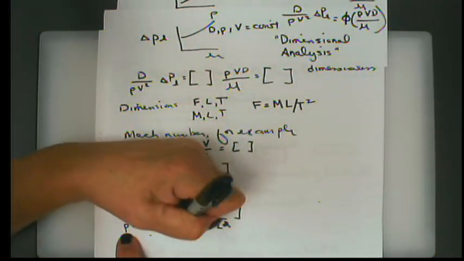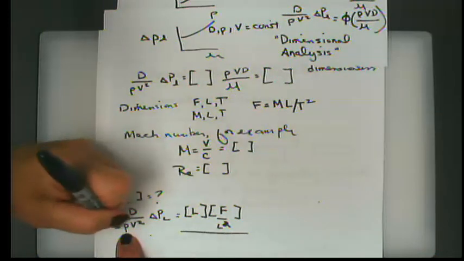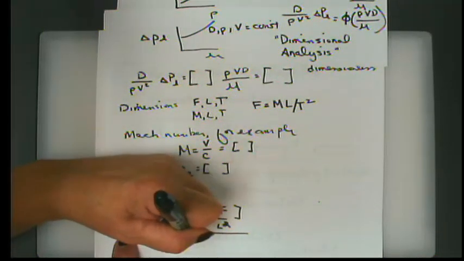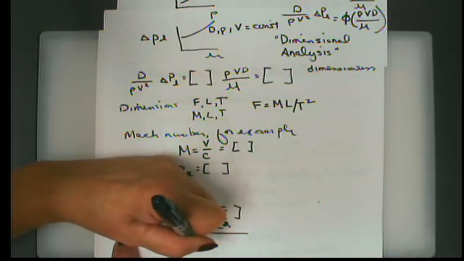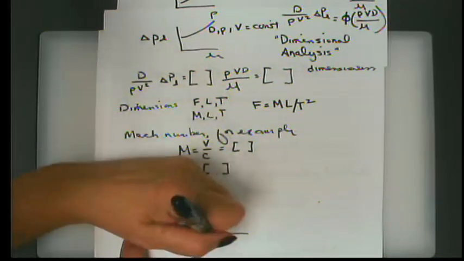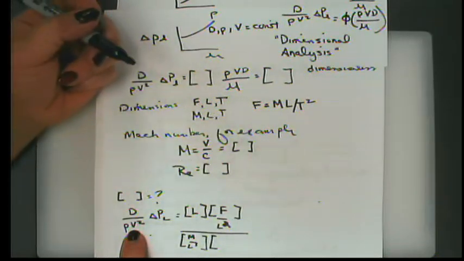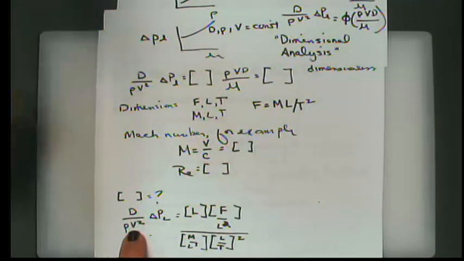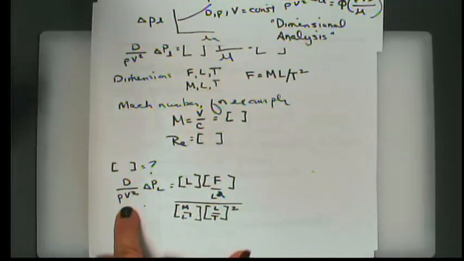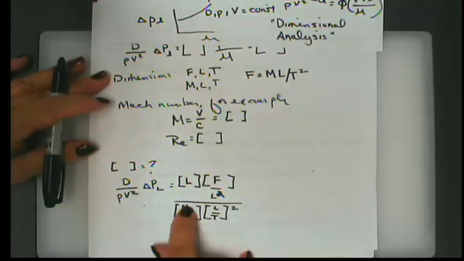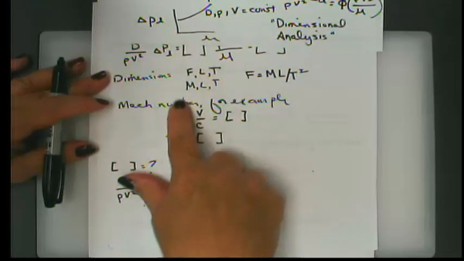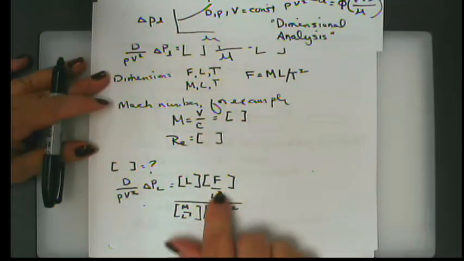Rho, which is density, has dimensions of mass per length to the third. And velocity has dimensions of length per time, and that quantity is squared. Now, the first thing I see is I have a mass and I have a force in the same equation, and I really want to write it in terms of one or the other.